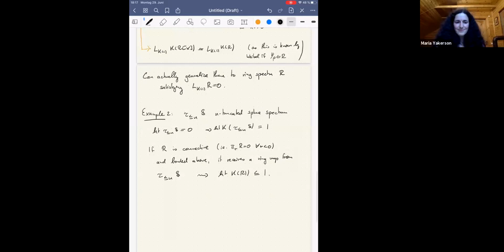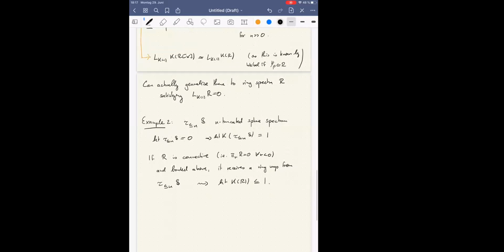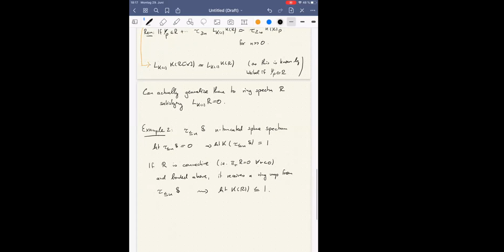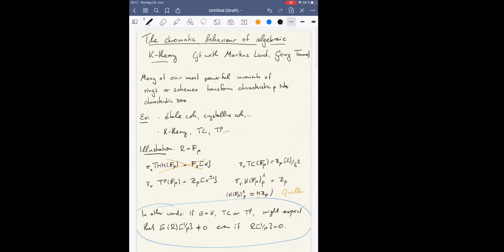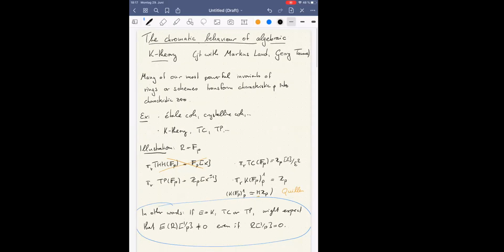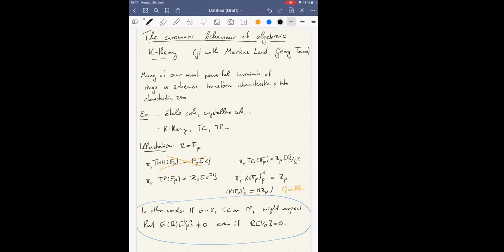Okay, let me quickly recap what we did so far. At the beginning, I talked about how if we have something of characteristic p, K-theory produces something which is no longer of characteristic p.